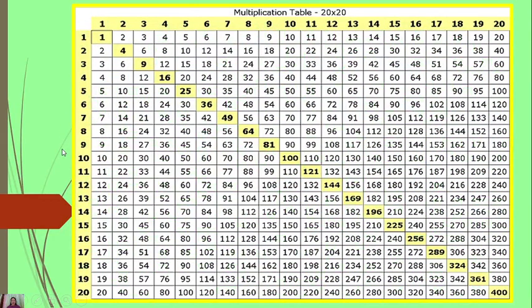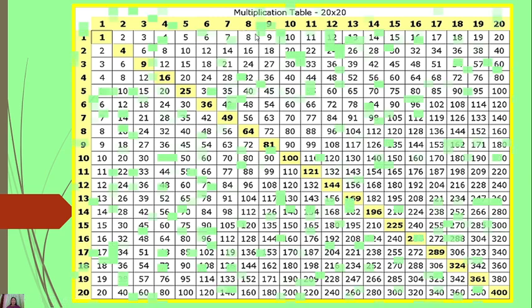Square root of 77. Between means nasa gitna. Nasa gitna siya ng 64 at saka ng 81. So, ang square root of 64 ay 8. Ang square root of 81 ay 9. So, nandun siya sa in-between of 8 and 9.